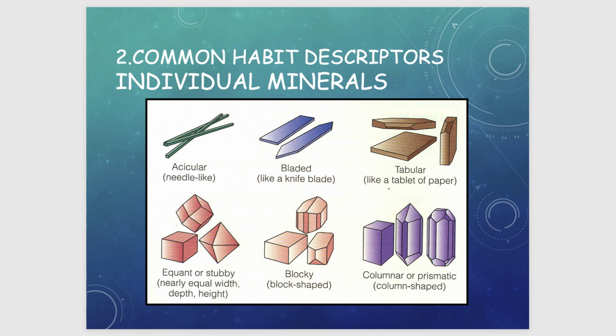And then we have blocky prisms, which are quite often differentiated from columnar or prismatic prisms. So the blocky is usually representative of minerals such as olivine, or the monoclinic or rhombic minerals, and also the feldspars. So tectosilicates will sometimes be blocky, so K-feldspar can be blocky.